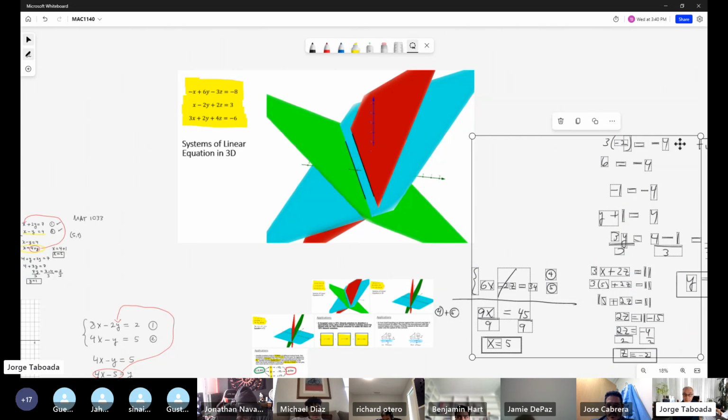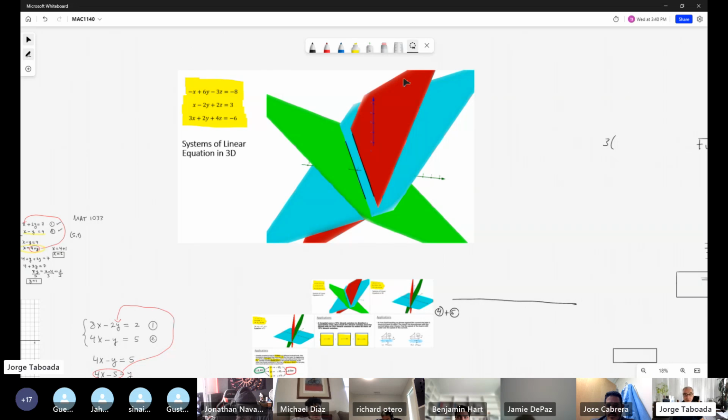Okay, what do you think? Looking at the graph, we have three equations again. Three unknowns, x, y, z. Okay, by the way, I want to copy now: minus x plus 6y minus 3z. You need to be aware that this equation represents a plane.